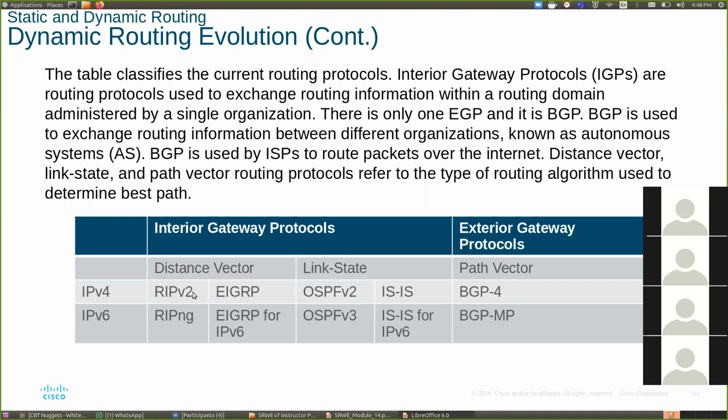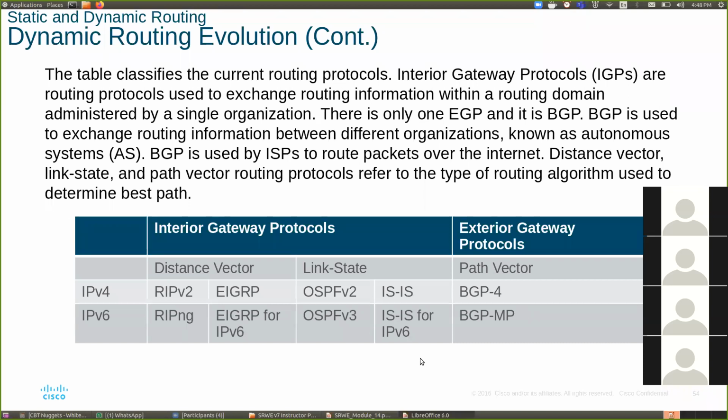Sorry, I think for this syllabus they have removed RIP version 1, so strictly it is RIP version 2 and RIP next generation. You also have EIGRP and EIGRP for IPv6. Under link state, you have OSPF version 2 and version 3, IS-IS and IS-IS for version 6. For exterior gateway protocols, you have BGP and BGP-MP.